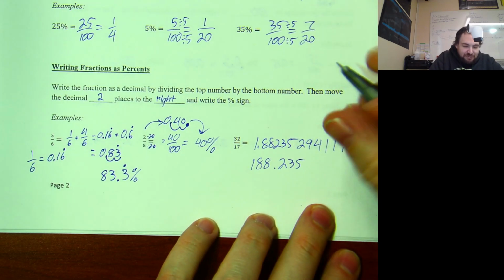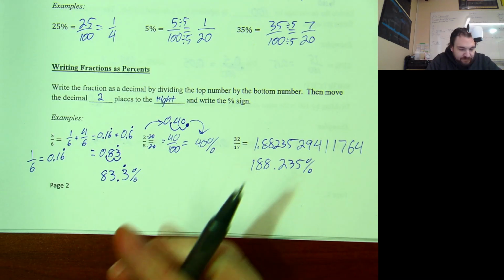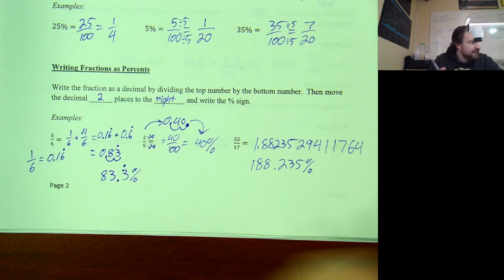Let's round it to those 3 decimal places and we'll call that your percent. 188.235%, which is weird. It's never been a thing that'll ever happen. Comments, questions? Is this bringing back memories of things you've done before? Kind of, sort of. It should, a little bit. I'm hoping it does.